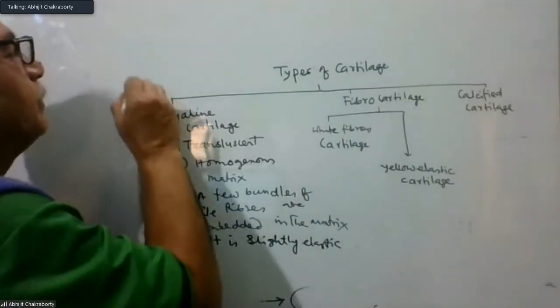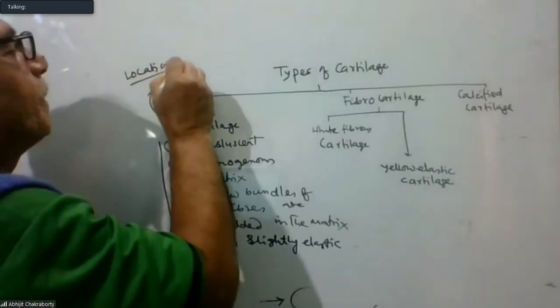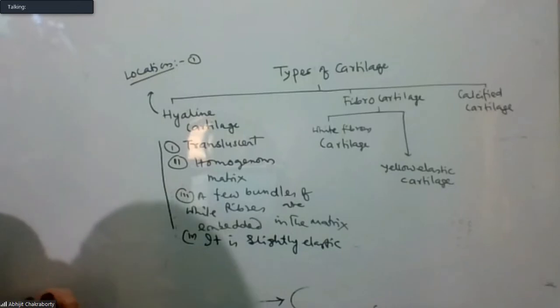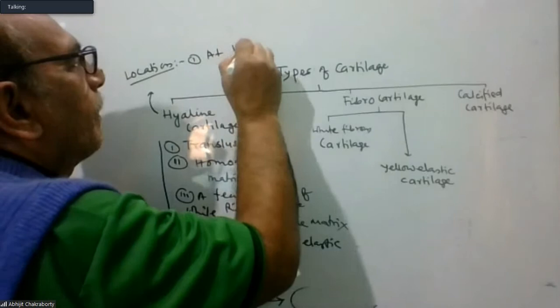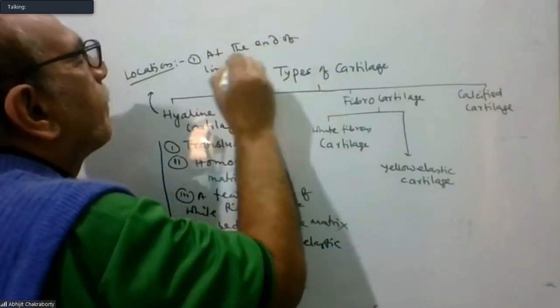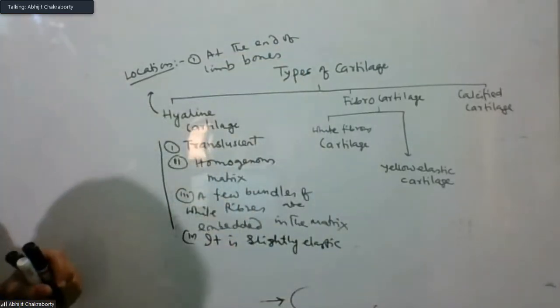Hyaline cartilage is found in location at the end of long bones. Secondly, you will get it in the nasal septum.